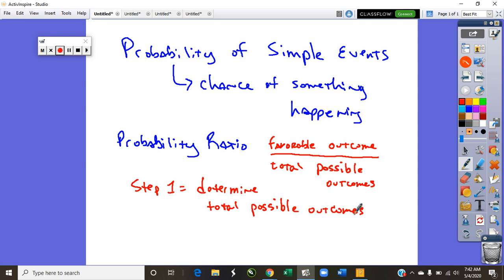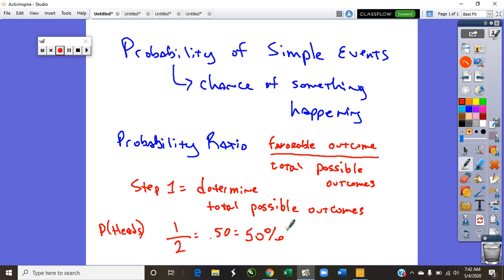So if I was flipping a coin and I said the probability of me getting a heads, the first thing I determine is the total possible outcomes. Well, we know it's two. It's either heads or it's tails. Well, how many of them are heads? One. And that's where that 0.5, which equals 50%, comes from.